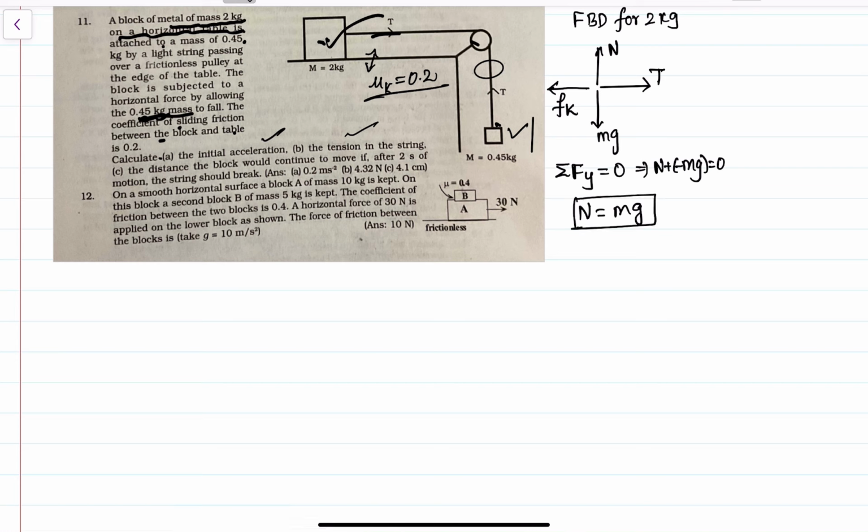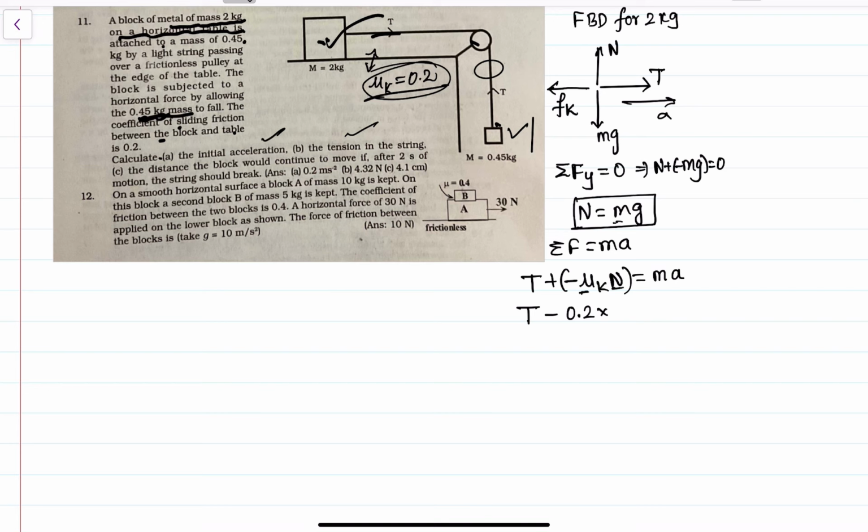Next, there is an acceleration along the x-axis in this case. So sigma Fx equal to max. So sigma Fx is nothing but T minus mu k into N, since fk is mu k into N, is equal to mass of the body m into a. Mu k is given as 0.2.